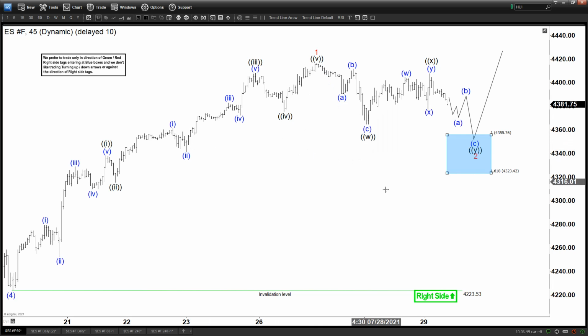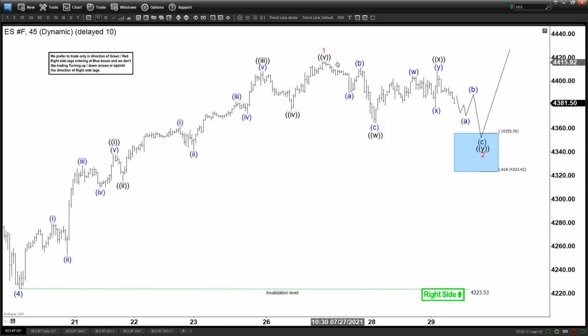So I saw several comments in the previous video on the indices, saying that, oh no, this is a top. You don't need to call a major top, because the probability is always against you when you trade. Trading is not about being right 100% of the time.